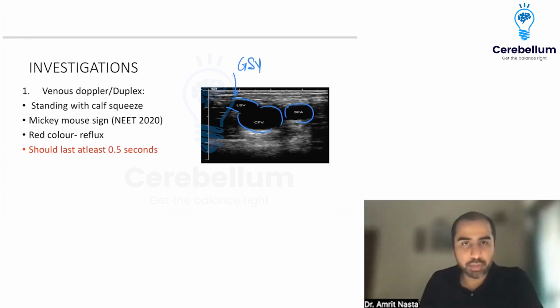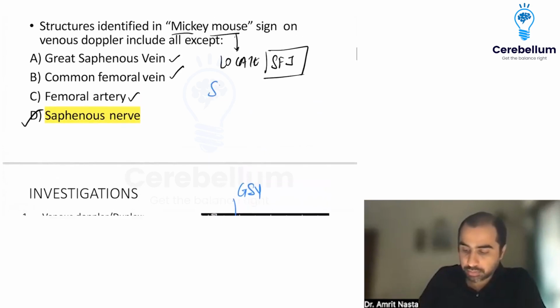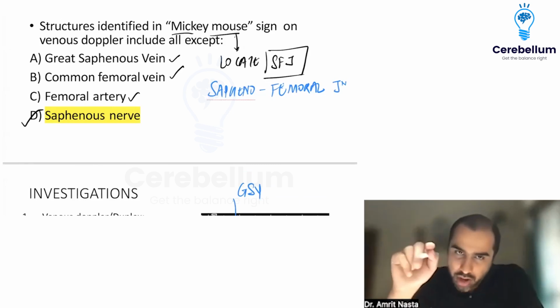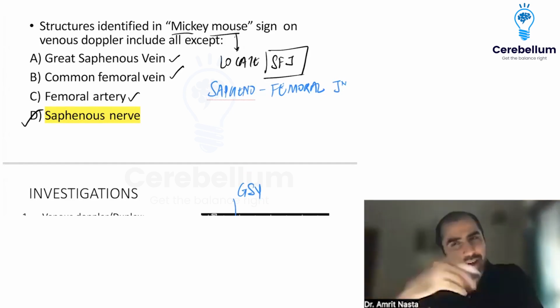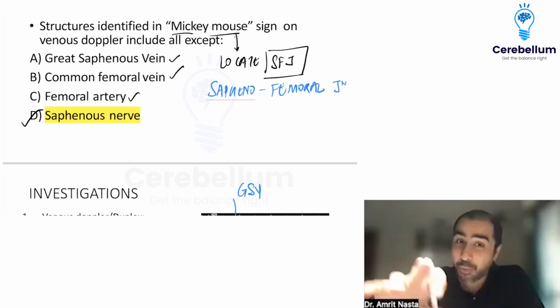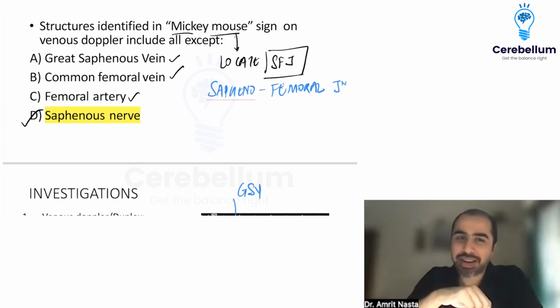That is your Mickey Mouse. So SFJ, saphenofemoral junction: where is it located? What is the location? Where is it in the body? Any idea? Anatomically, where is it approximately located? The groin is a very big area with many important structures. Where will you put your finger?